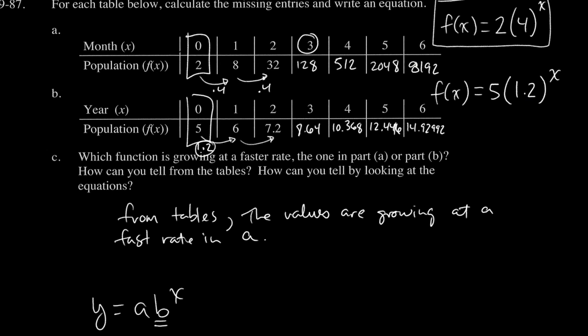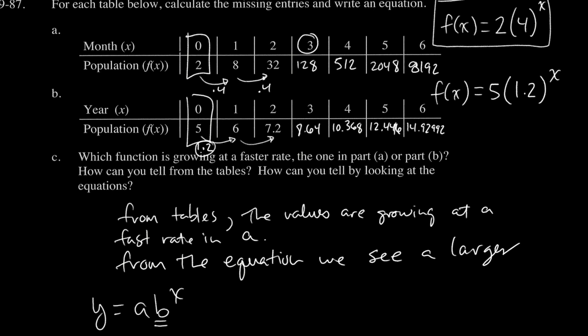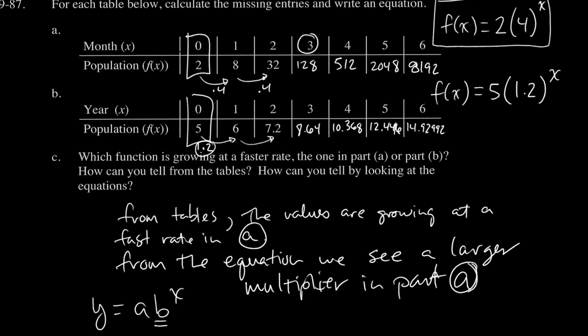So from the equation, we see a larger multiplier in part A also, right? So A is the winner. I can see the numbers growing at a faster rate as I move forward.